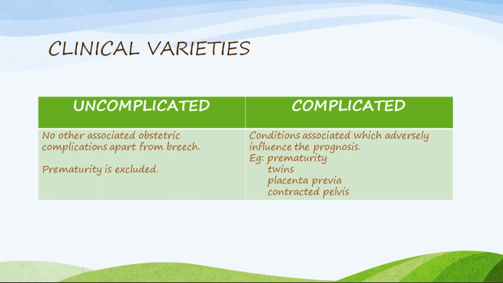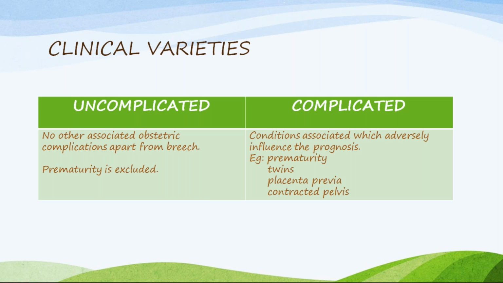But the clinical varieties are these. That one is the physical variety; the clinical variety is complicated and uncomplicated. So you can say complicated breech or uncomplicated breech. When there is no other associated complication apart from breech, so only breech is there, and there is no other antenatal complication, that is uncomplicated.